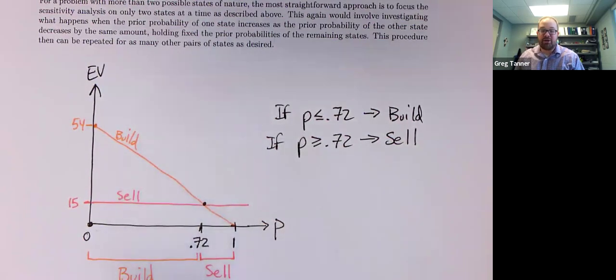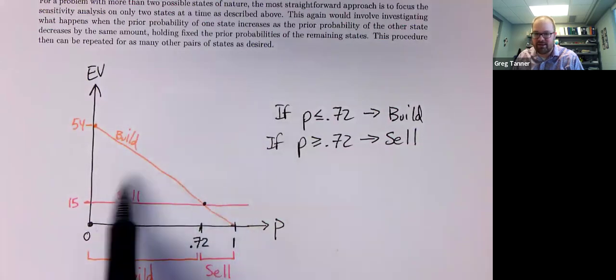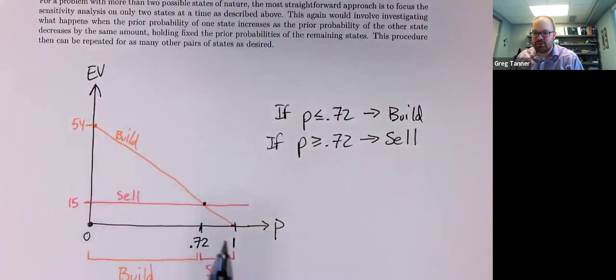So you might have a third decision alternative, which is maybe some sort of partnership where you exchange some of the profits for some of the risk. And so you partner with another company to build the computers, you take some of the risk, and so that might have a different line through here. And you'd always look for which line is on top to determine which is the best alternative for that range of probabilities. Okay.